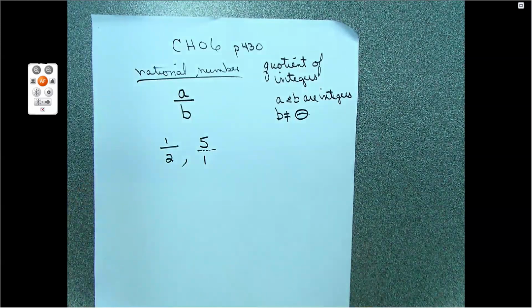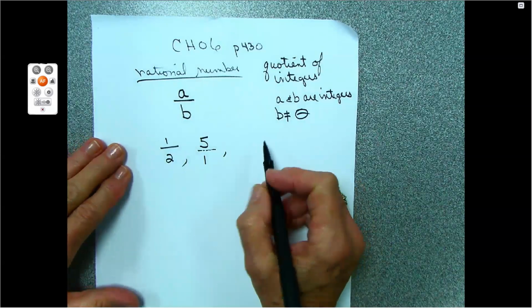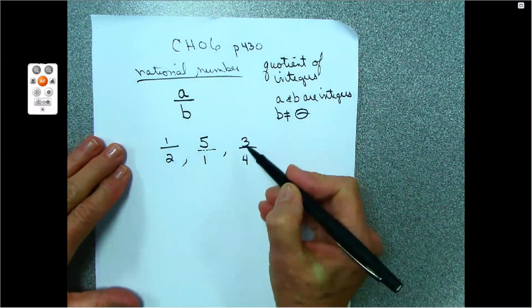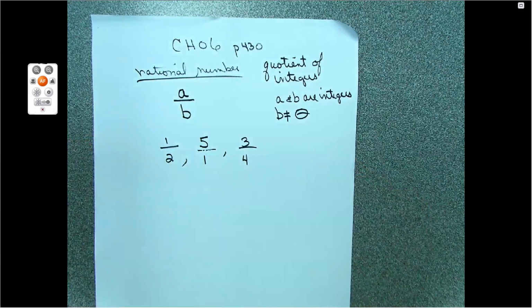Usually, we don't go around writing our whole numbers 1, 7, 17, 23 over 1. But there's times when we need to convert to its rational number format so we can solve a problem. Let's see, 3 over 4. The numerator is an integer, the denominator is an integer, and the denominator is not equal to 0.